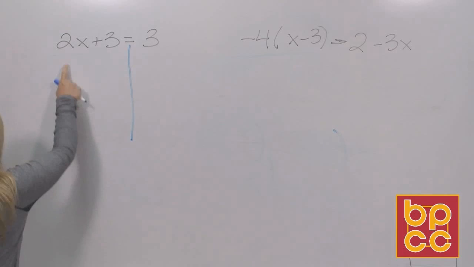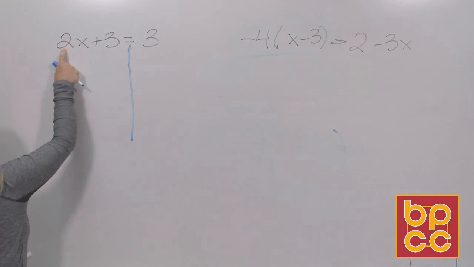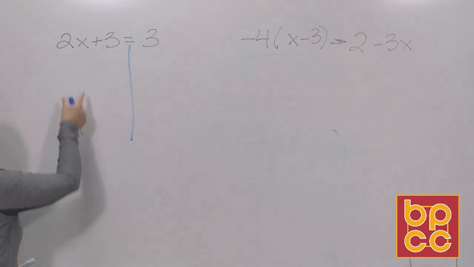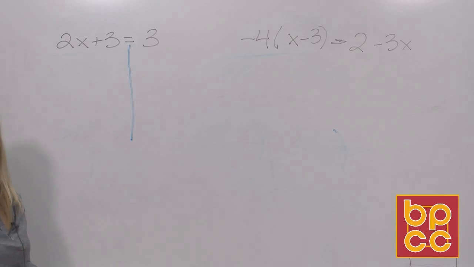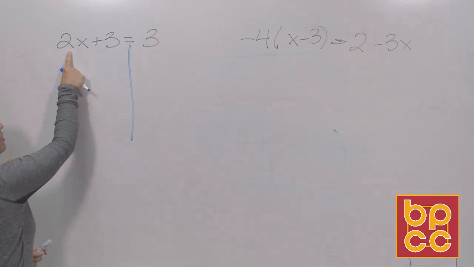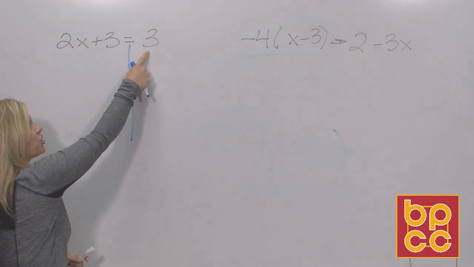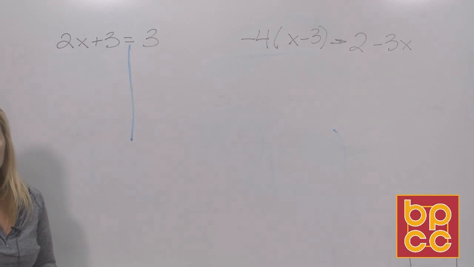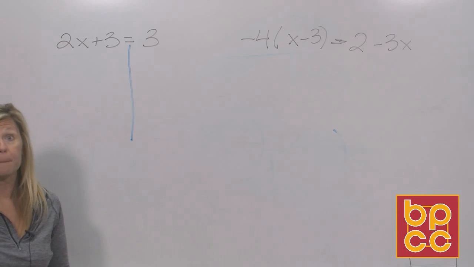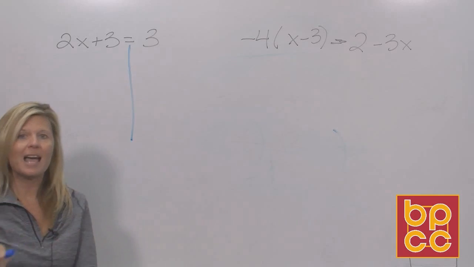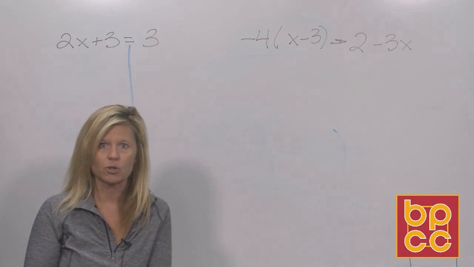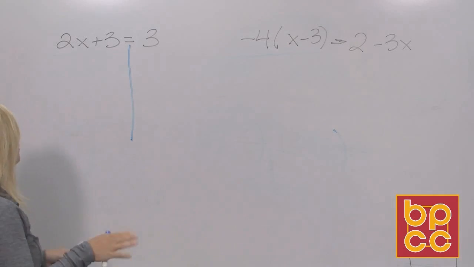So we're not going to move the 2 because that's connected by multiplication. And think about it. If you were going to move the 2, you'd have to do division. Well, if you divide this term by 2, then you'd have to divide this term by 2 and this term by 2. Well, that's going to cause a problem because you're going to end up making fractions. So we never move division first. We always move add and subtract first.